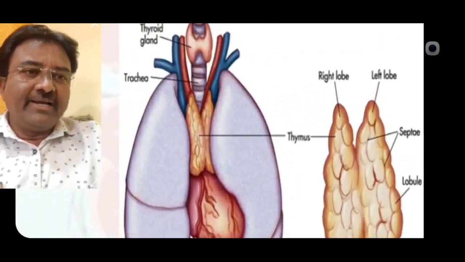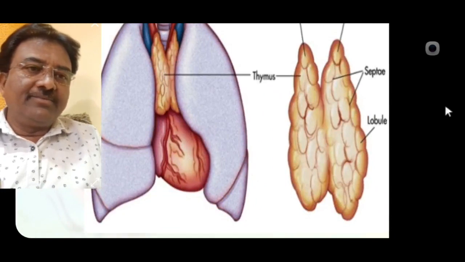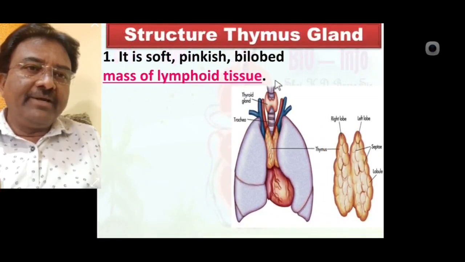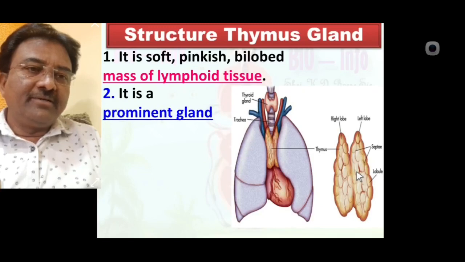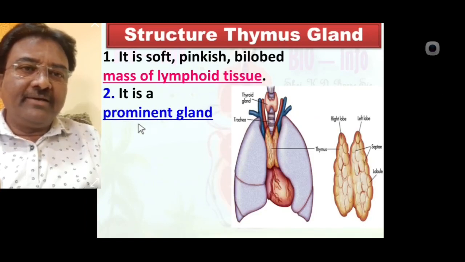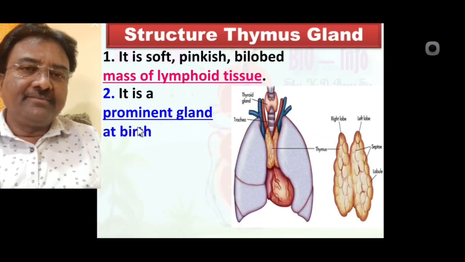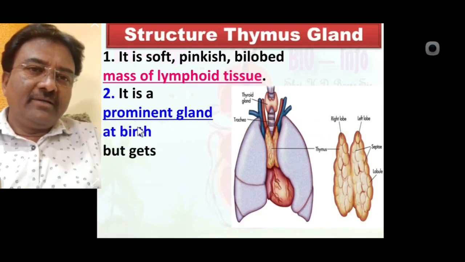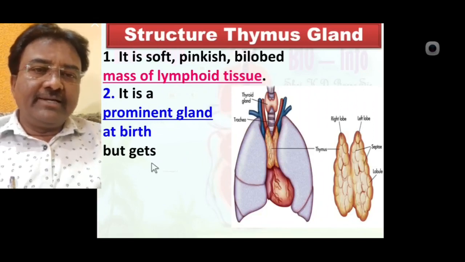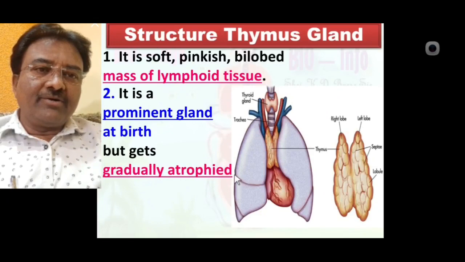So this gland consists of two lobes, right and left. Both lobes contain lymphoid tissue. Such lymphoid tissue is most important for the production of immunity. The thymus gland is prominent at birth, but gradually atrophies in the adult.